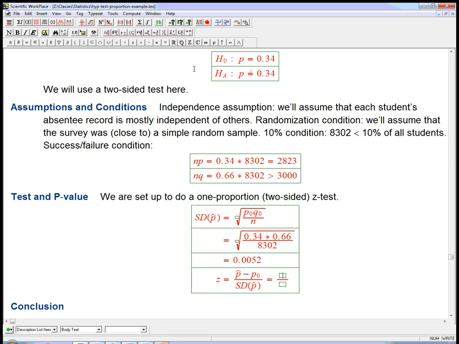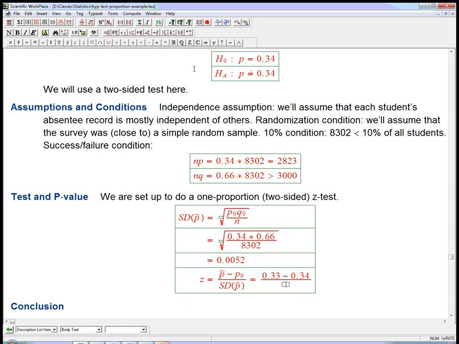We can put in the numbers: 0.33 minus 0.34 all over 0.0052. Not too hard, and it's about minus 2, but not quite. Minus 1.923.